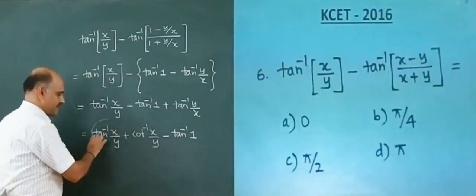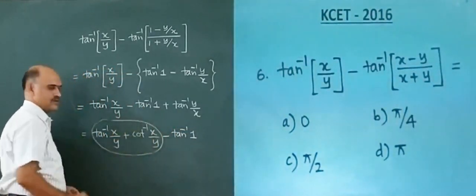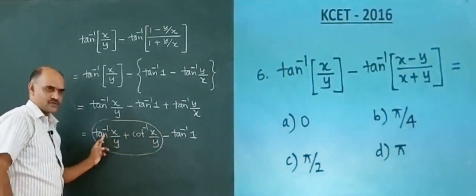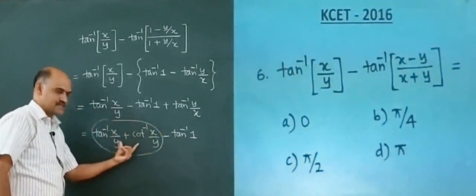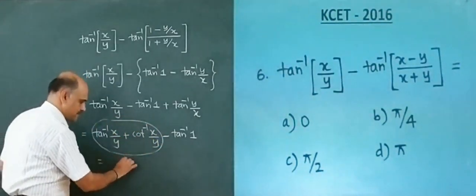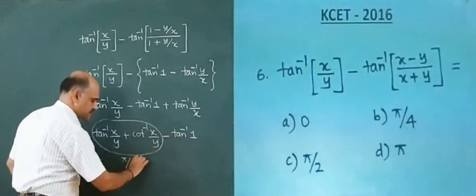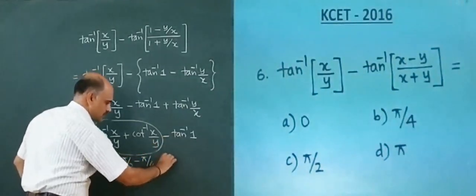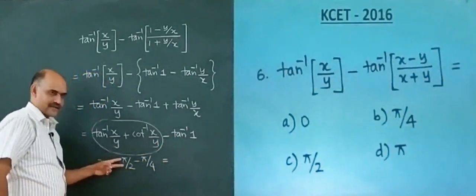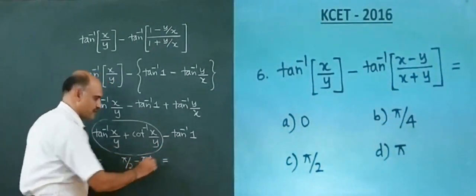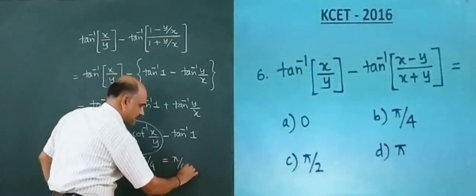Now you know this value. Both terms are same, so tan inverse x plus cot inverse x is pi by 2. So this will be pi by 2, this is pi by 4. So you can directly write 90 minus 45 is 45. 45 means you will have pi by 4.